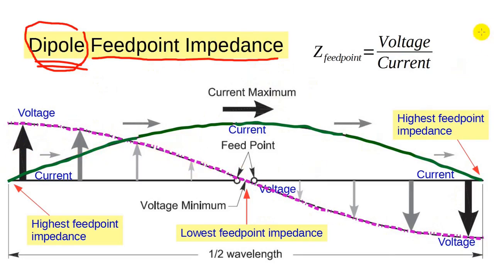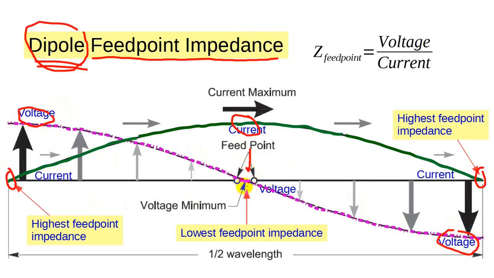No current can flow at the ends of the antenna simply because there's no place for it to go. So the current is zero at the ends. The current is maximum at the middle. The voltage is highest at the ends and lowest in the middle, in theory approaching zero at the midpoint.